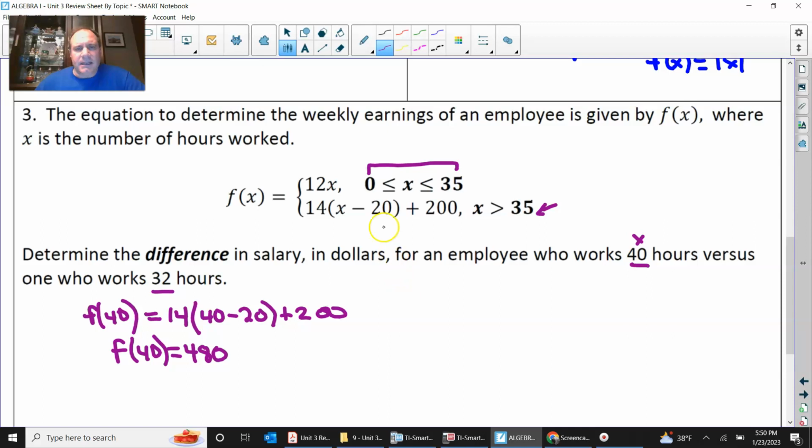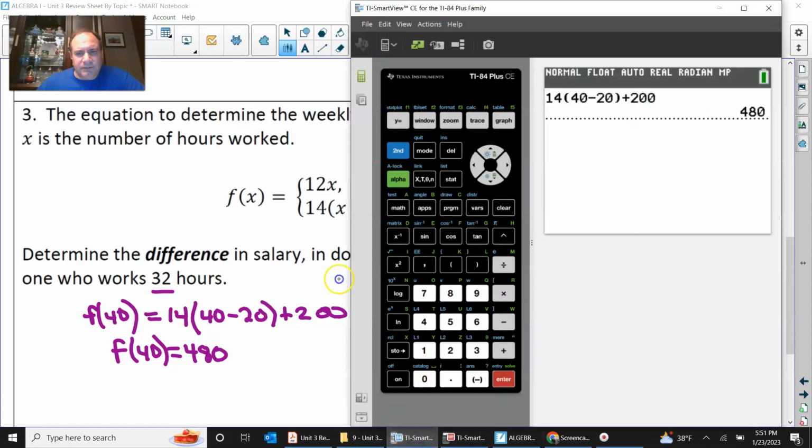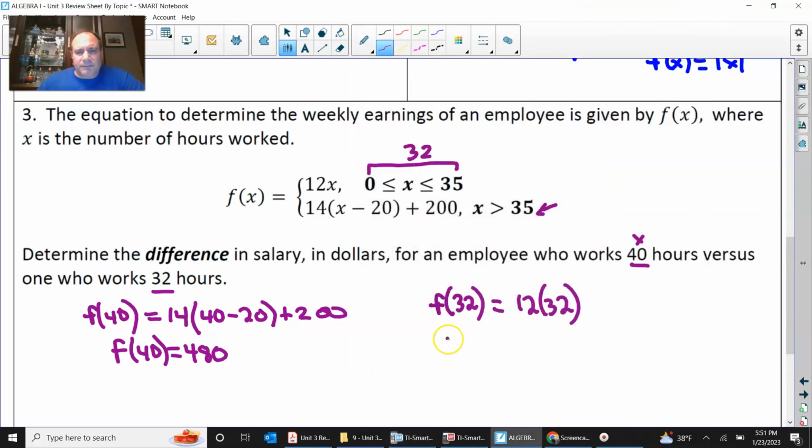Let's go ahead and talk about someone who works 32 hours, which is not in the middle, obviously, but it's using this function. So f of 32 would be 12 times 32, which would be 384.